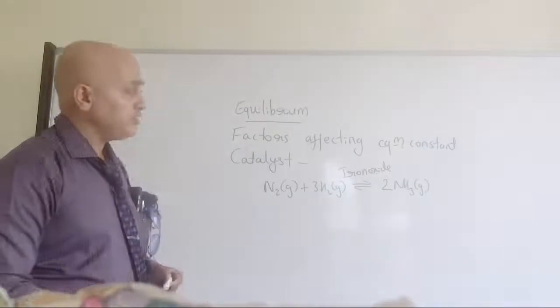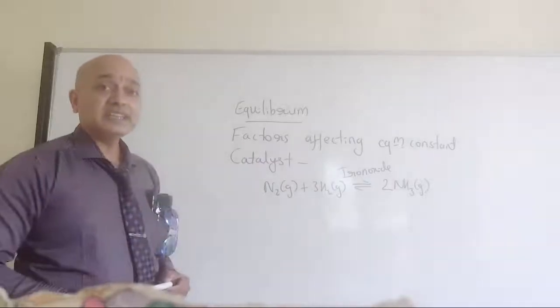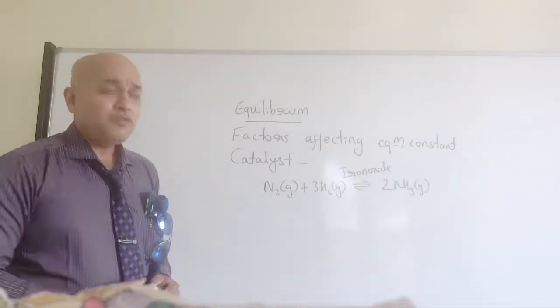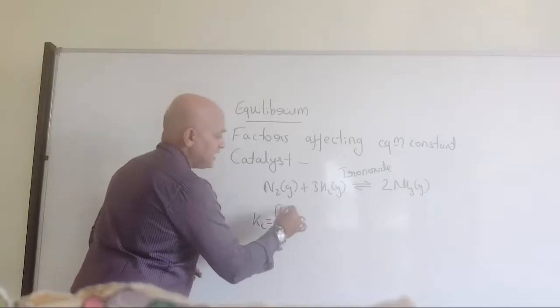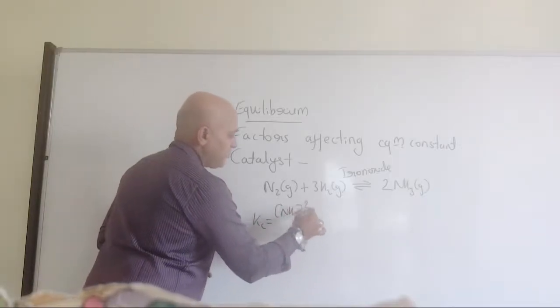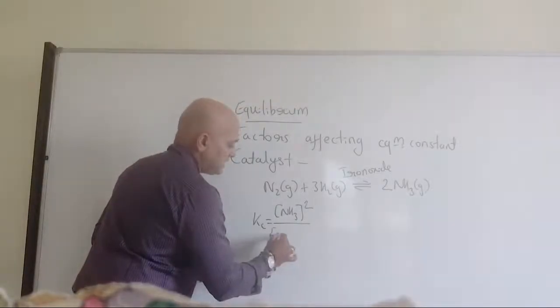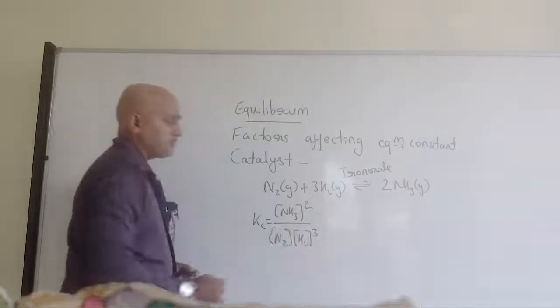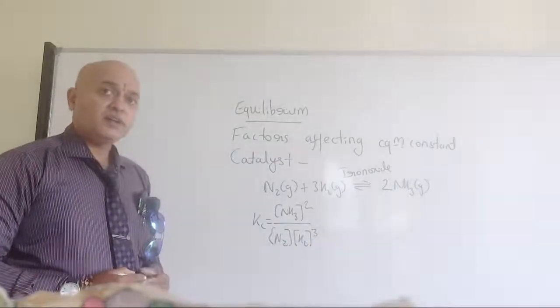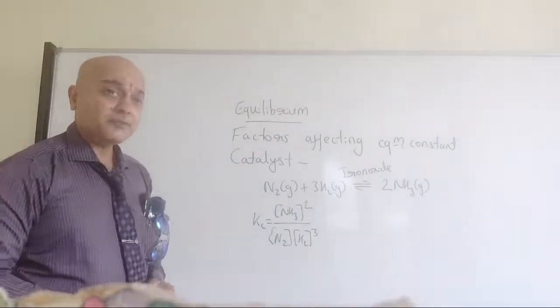Anyway, we are not going to discuss it in detail, but this is the reaction. Now, Kc value is decided by the concentration of ammonia squared divided by nitrogen into hydrogen to the power of 3. Okay, so this is the Kc value.